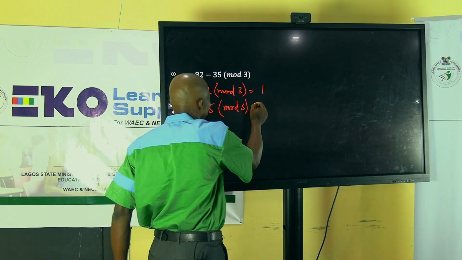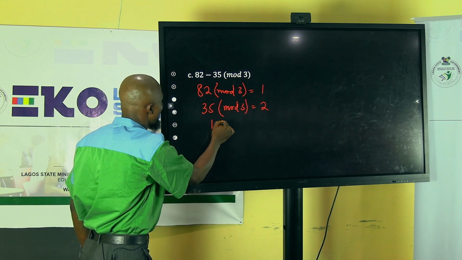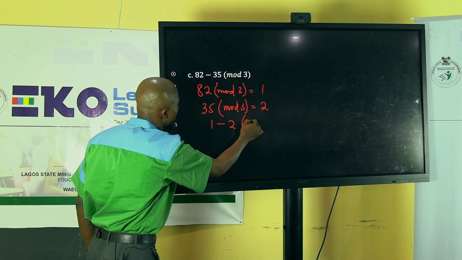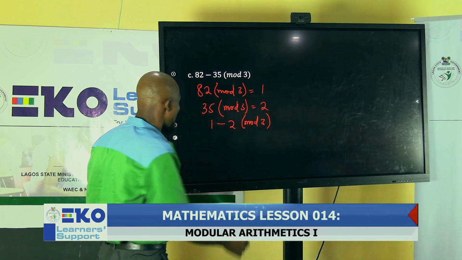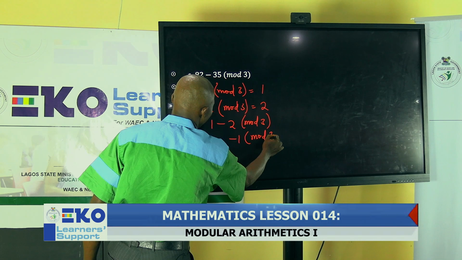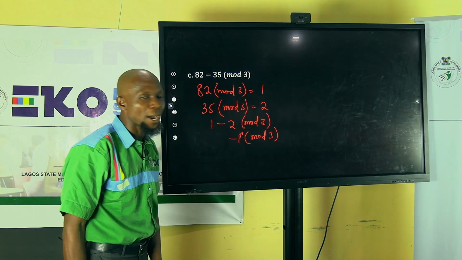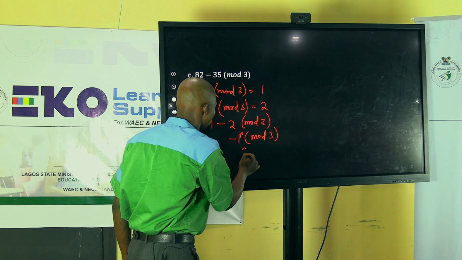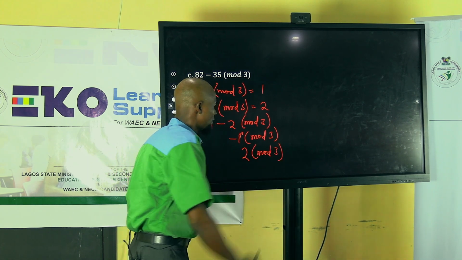So it means the remainder should be 2. So then we can say that 1 minus 2 modulo 3. What is 1 minus 2? 1 minus 2 is minus 1. But we can't leave our answer as a negative number. So just add 3 to it. Minus 1 plus 3, that's 2. So we have 2 modulo 3 as the answer.